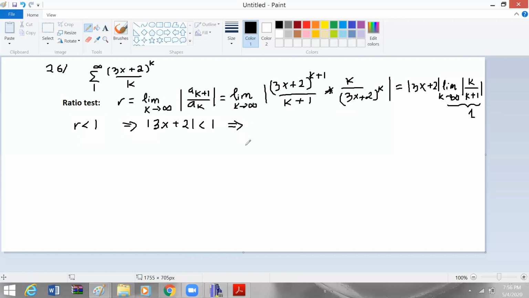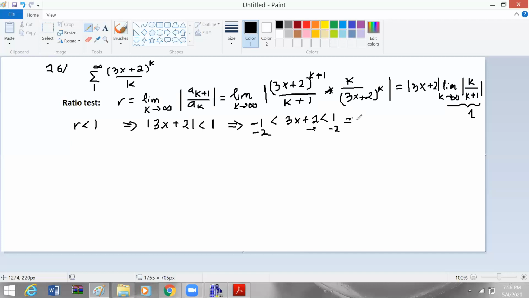So meaning that we're going to expand the series, so we put down -1 less than 3x plus 2 less than 1. And then I subtract 2 from all three sides.